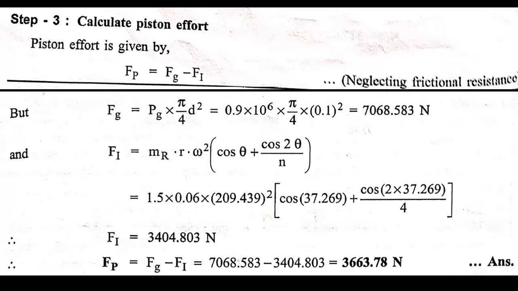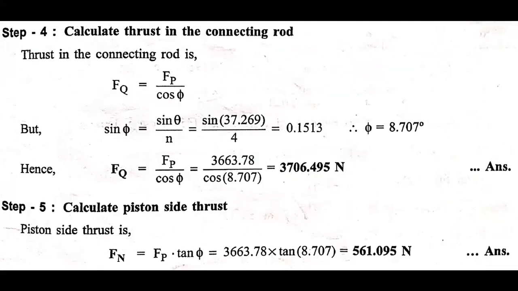After putting the values of these quantities, we get Fi equal to 3404.803 Newton. So piston effort Fp is equal to Fg minus Fi, which is equal to 3663.78 Newton.